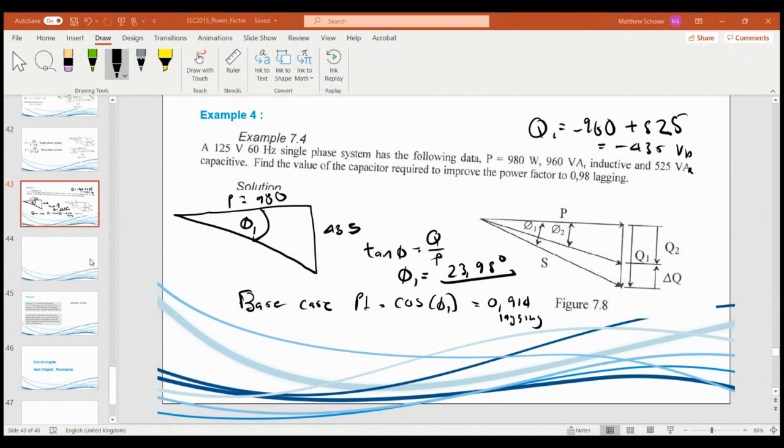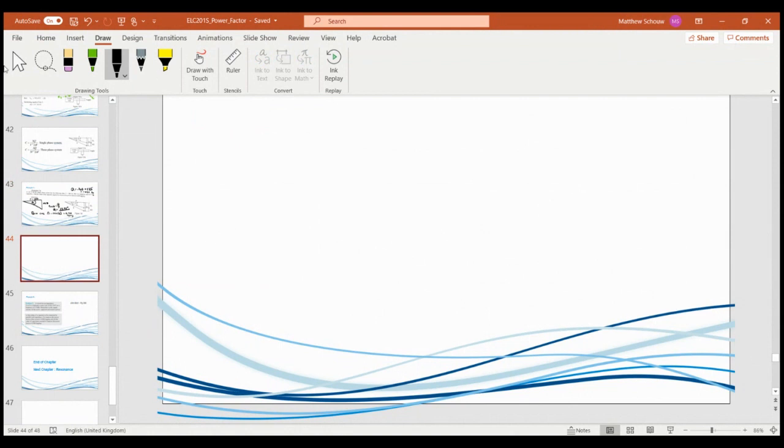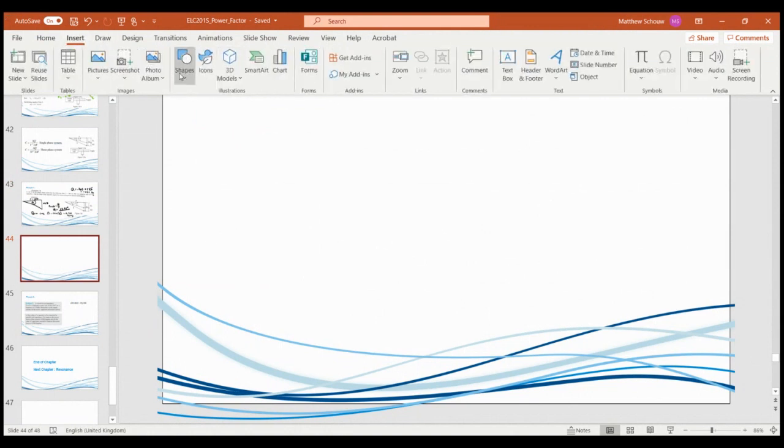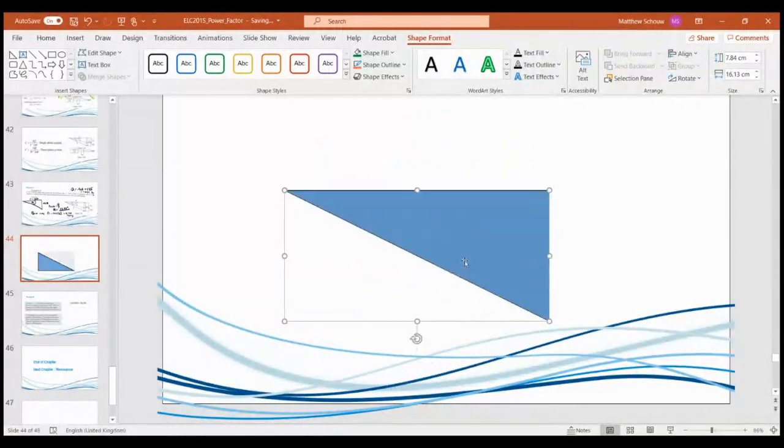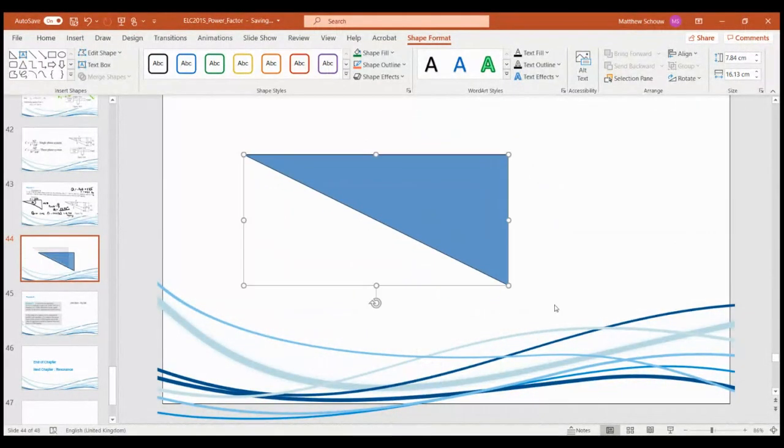Cool. So going back to this over here, hopefully I can insert a shape which looks a lot better than mine. Right angle triangle. Cool, got one. Like that.